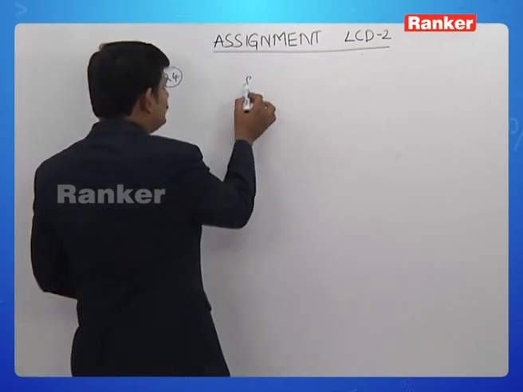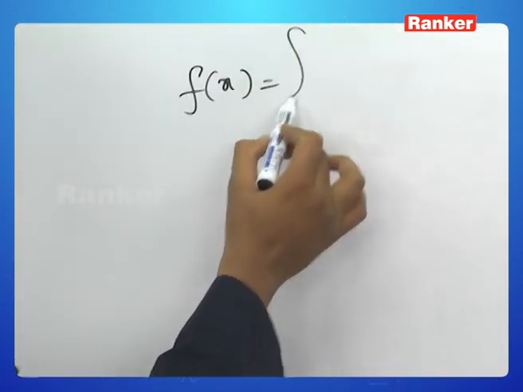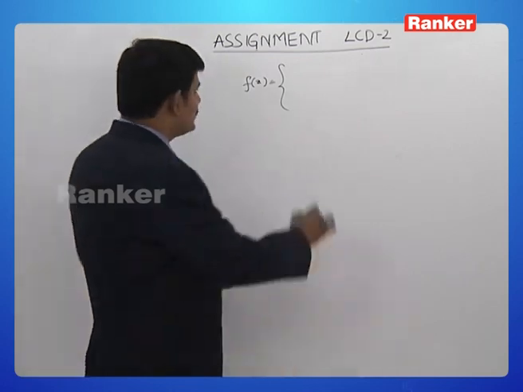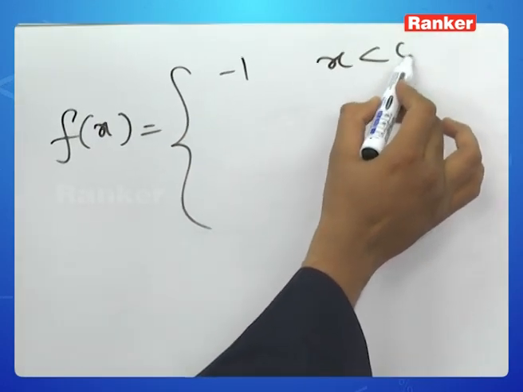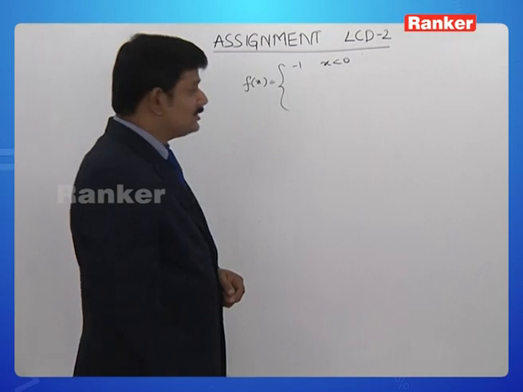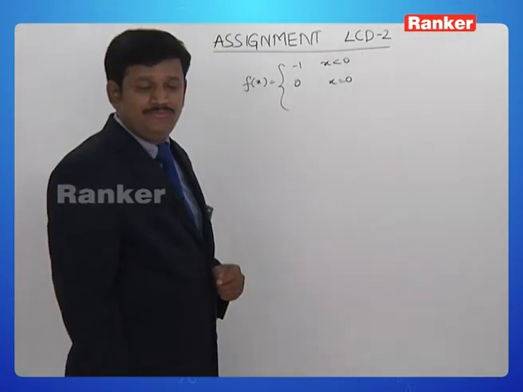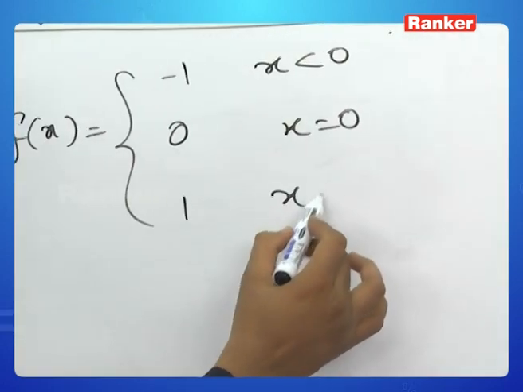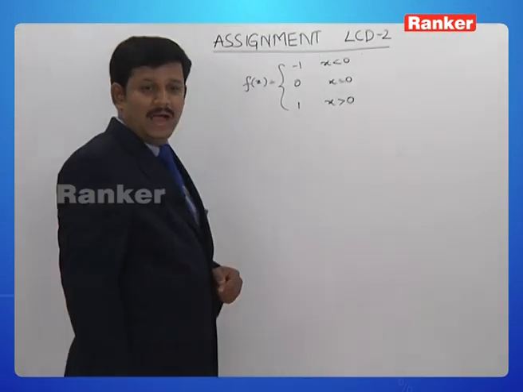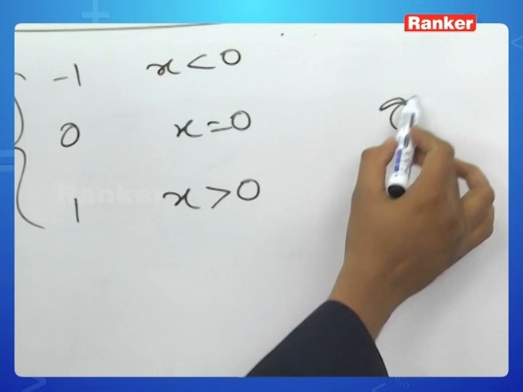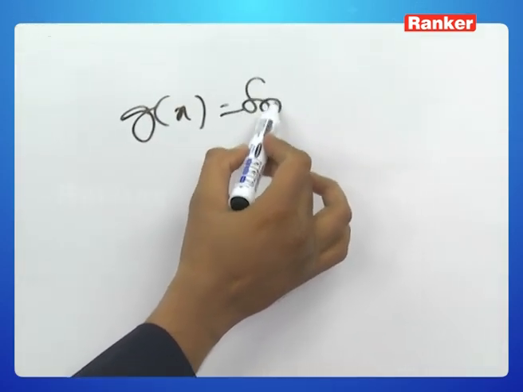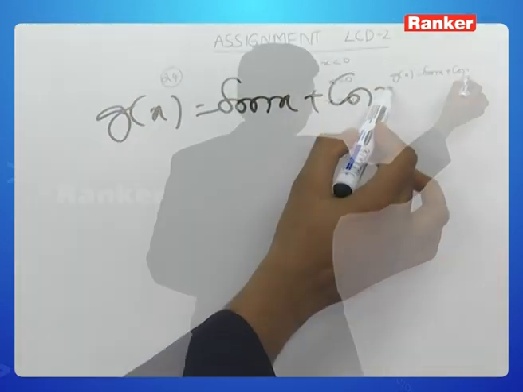f of x is given to be minus 1 if x is less than 0, 0 if x is equal to 0, and 1 if x is greater than 0, and g of x is given to be sin x plus cos x.